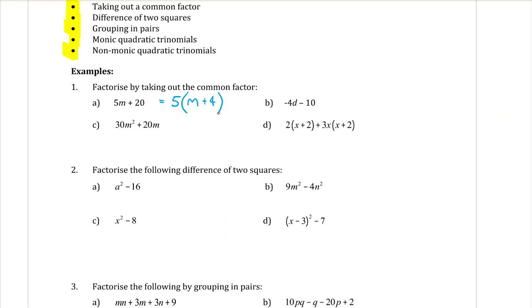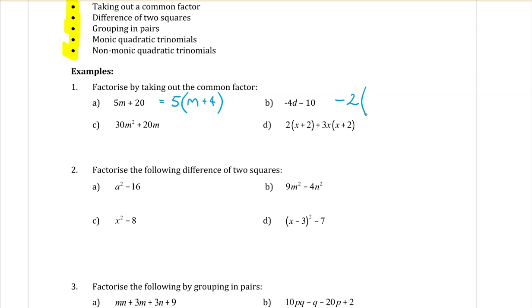Okay, that's it. Part B, minus 4d minus 10. The common factor, if there's a minus in both of them, the minus needs to be a common factor as well. The 4 and the 10, the common factor would be a 2, and there's no common letter. So minus 2d, that's going to be my common factor at the front. Now dividing each term.